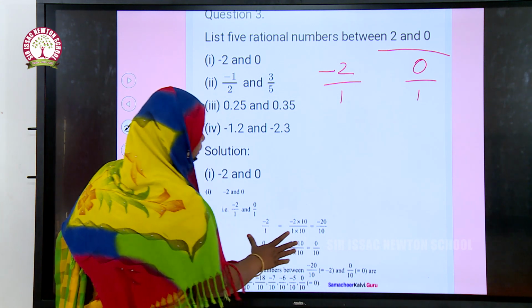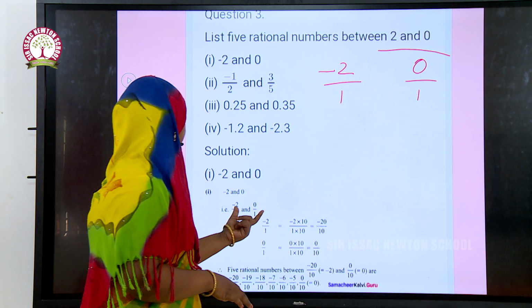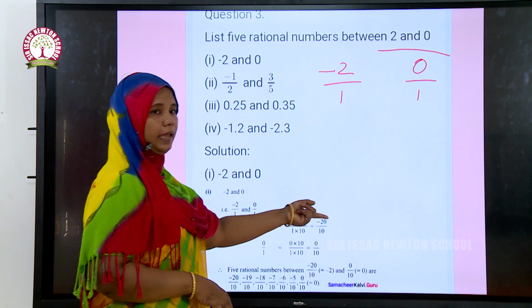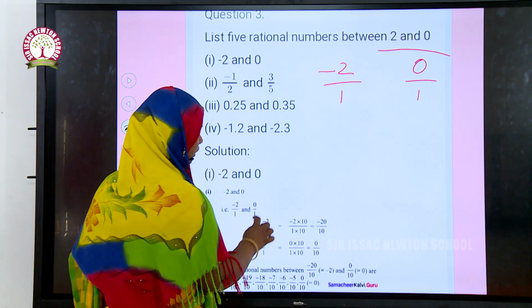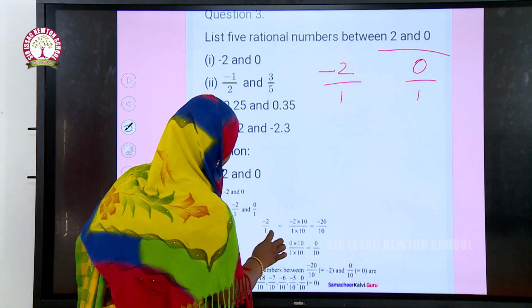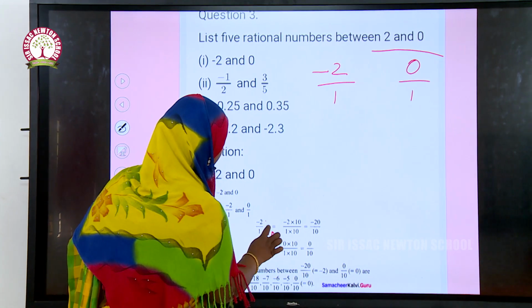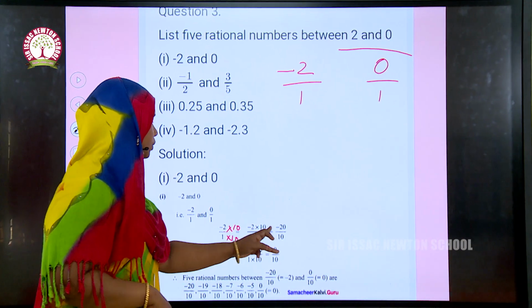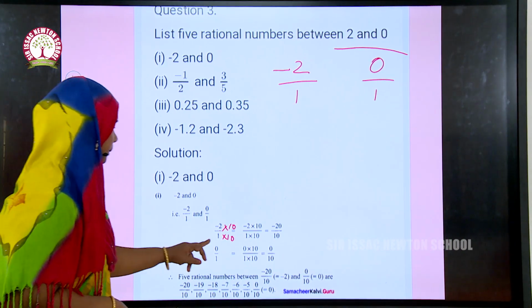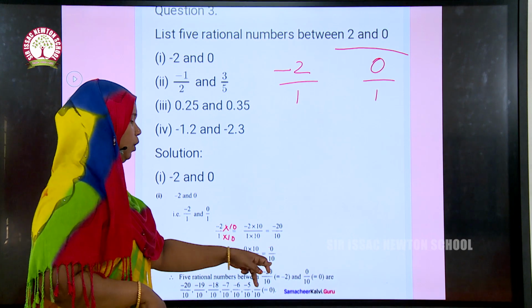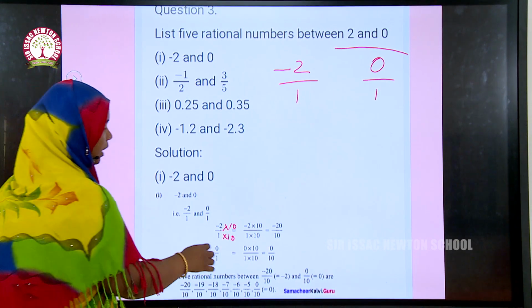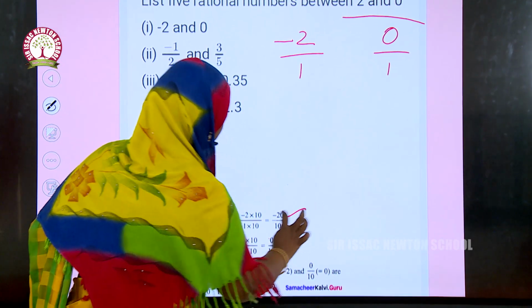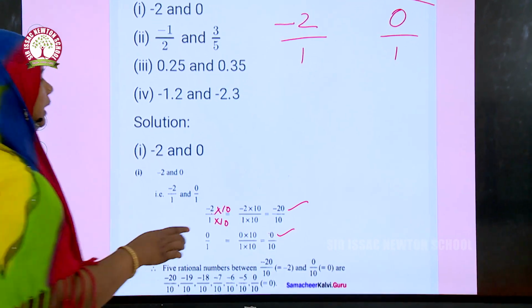Now I am going to make the denominator equal, say 10. For this I am multiplying the numerator and the denominator by 10. It becomes minus 2 into 10, minus 20 by 10, and 0 into 10, it is 0 by 10. Now take the numerator values minus 20 and 0.